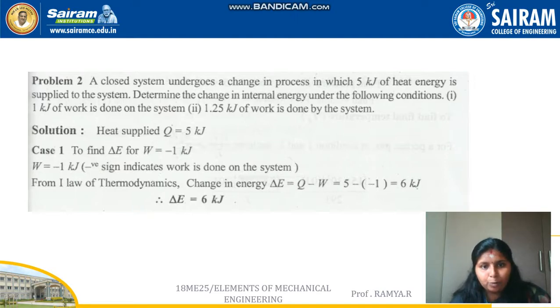So we need to read the sentence clearly, whether the work is done on the system or by the system. By the system means the system is giving the work outside, whereas done on the system means force is applied on the system.